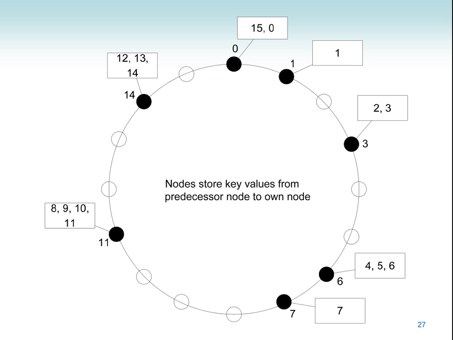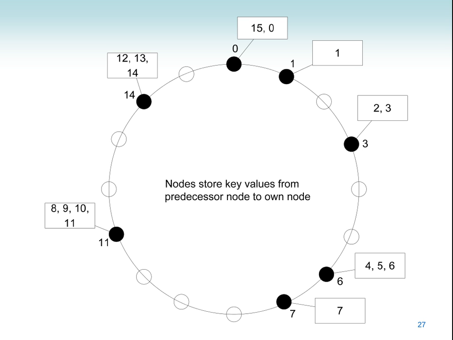14, the keys for 14 need to be changed. 14 currently manages the keys 14, its own, as well as 12 and 13, because nodes 12 and 13 do not exist. But if node 13 joins the network, then we need to modify the keys that node 14 manages.